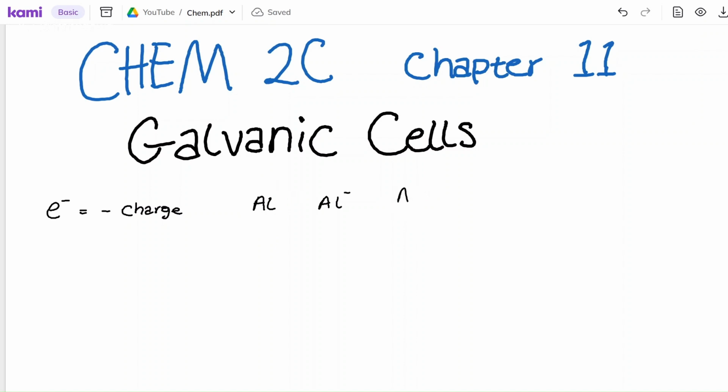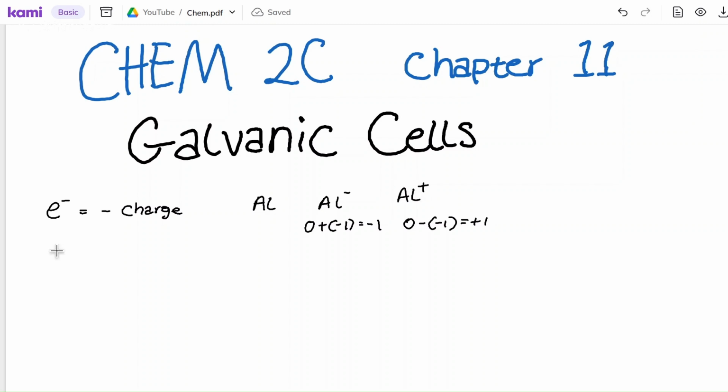And when it's like this, Al plus, that means it lost an electron, because 0 minus -1, the charge of an electron, becomes +1. And right here will be 0 plus -1, which means it gained an electron, which made it -1. So that's just a review: when the element loses an electron, it becomes positive, and when the element gains an electron, it becomes negative.